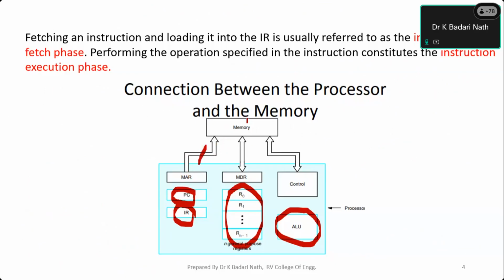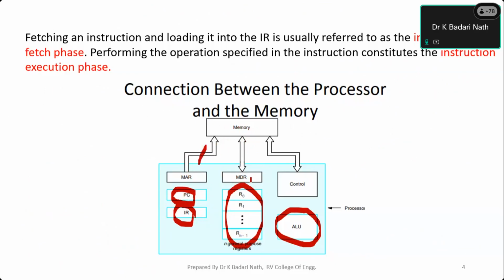Similarly, the memory is used to read data, to write data, and also to read instructions. Different registers want to communicate with the memory, but there should be only one register through which we establish the connection. That is the MDR, the memory data register.